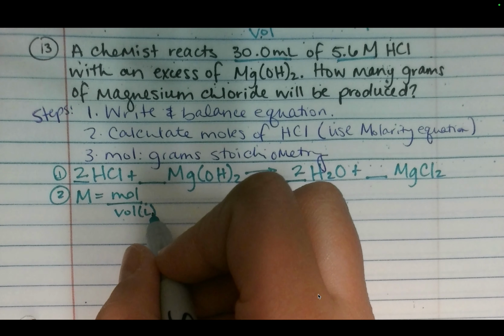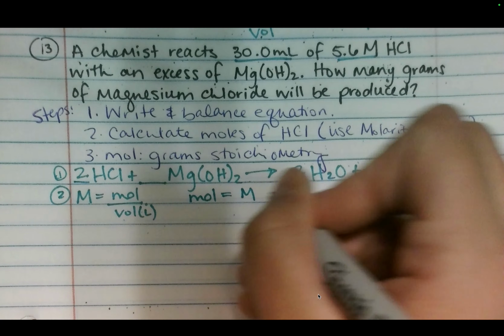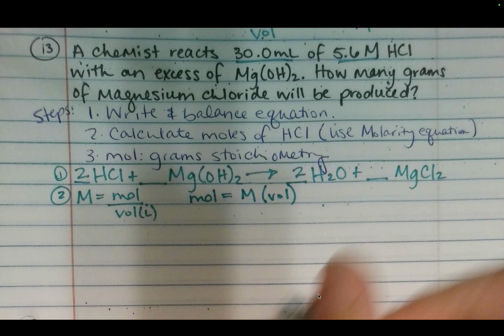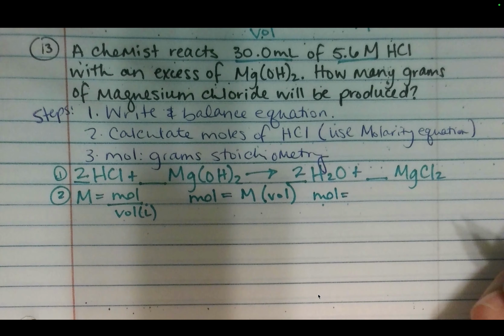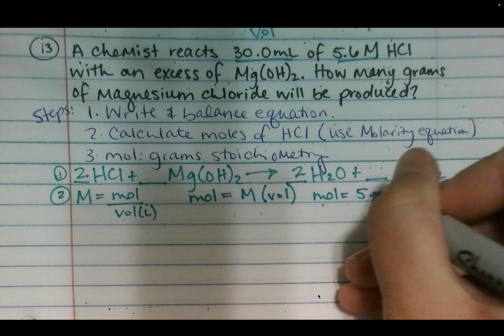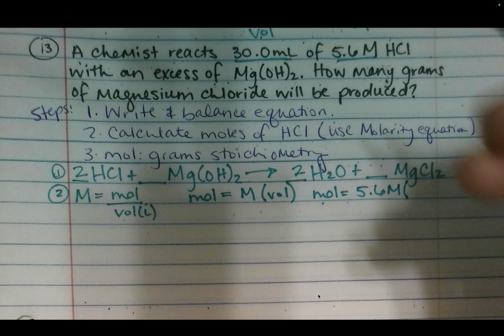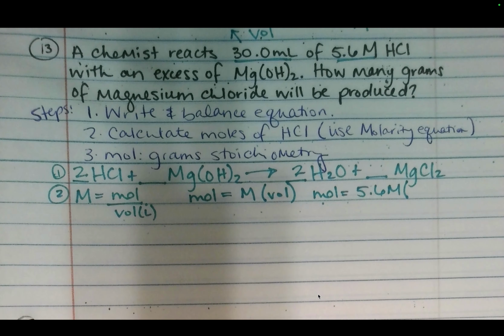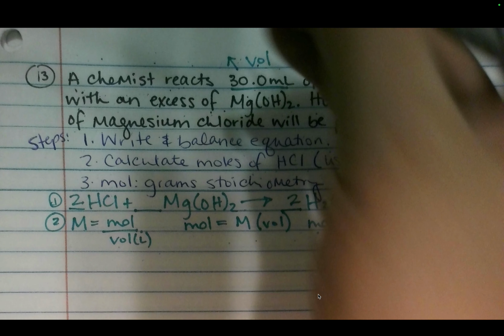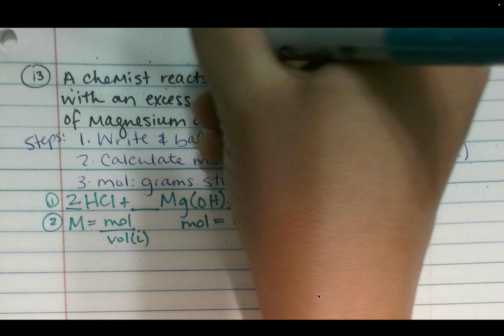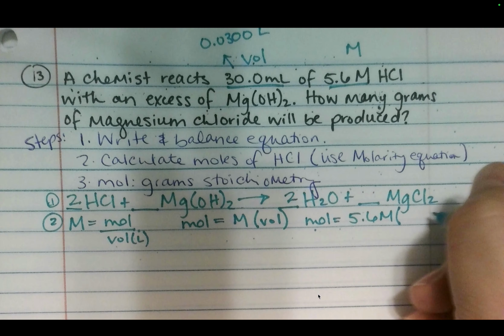Multiply both sides by volume, and you get moles equals molarity times volume. Plug in your values. 5.6 molar times, remember my volume has to be in liters, so divide that number by 1,000. Move your decimal 3 places. 0.0300 liters.